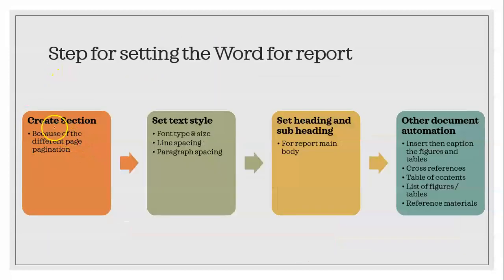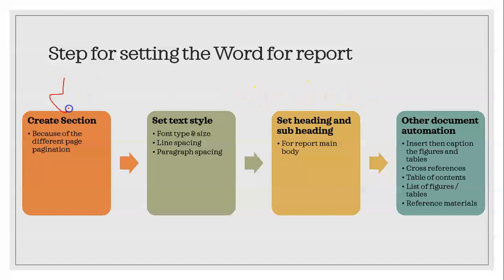Then I will show you how to set the text style, the font type and size, line spacing, paragraph spacing, and so forth. And then I will show you how to set the heading and subheading and other document automation: how to insert the caption, caption the figures and tables, cross references, table of contents, list of figures, tables, and reference material.